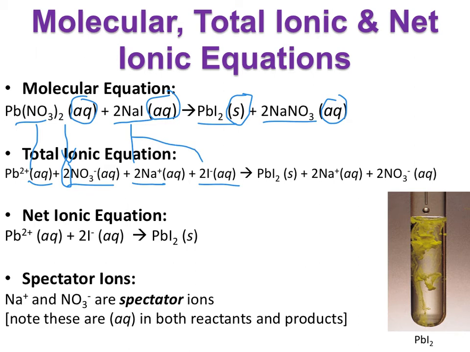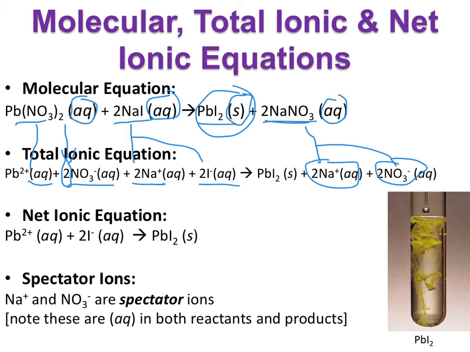On the product side, the 2 sodium nitrate molecules split into 2 sodium ions and 2 nitrate ions. The lead-2 iodide on the product side is a precipitate as designated by the s for solid.